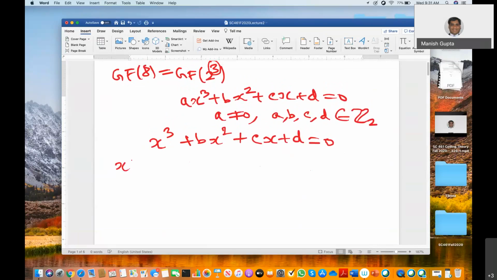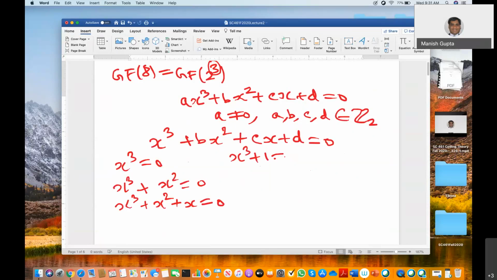x cube is equal to 0, right? When all b, c, d are equal to 0, then x cube plus x square is equal to 0, x cube plus x square plus x is equal to 0, then x cube plus 1 is equal to 0.